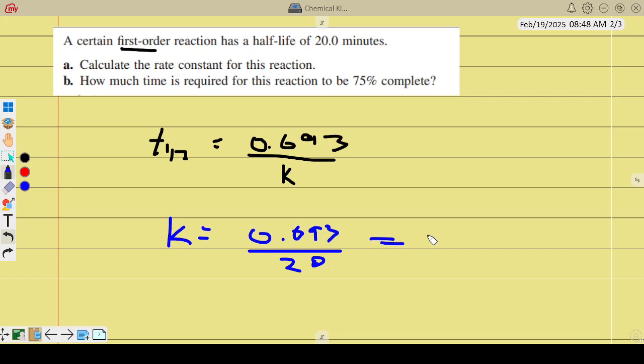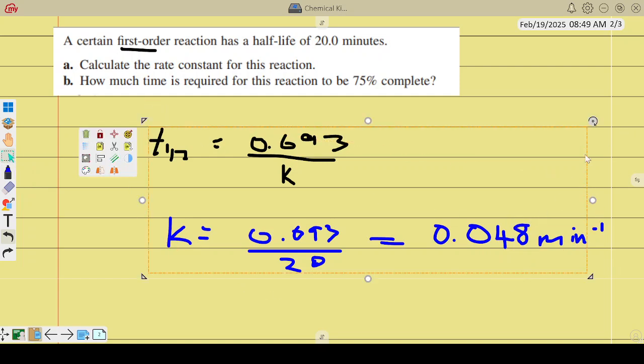We're getting 0.035. If the time was given in seconds, we could have written per second, but since it's given in minutes, we say per minute. That's the rate constant, and we're done.